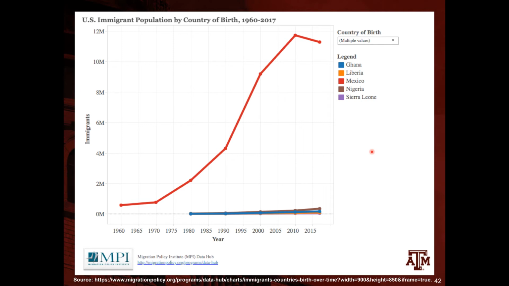As I mentioned before in previous lectures related to this chapter, I'm doing an analysis about Nigerian immigrants in the US. And actually, this project also analyzes immigrants from Ghana, Liberia, and Sierra Leone.